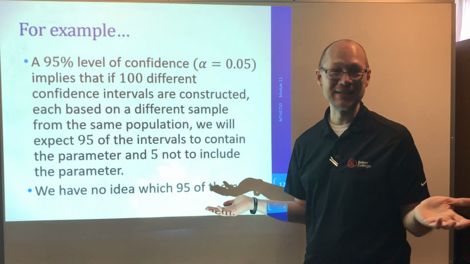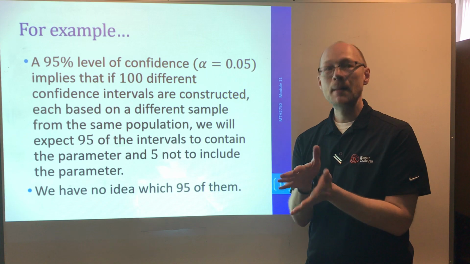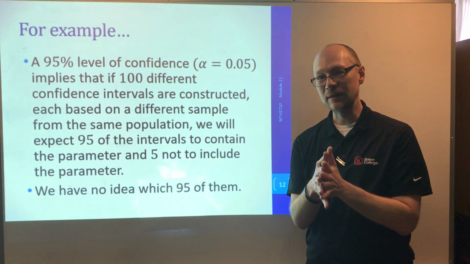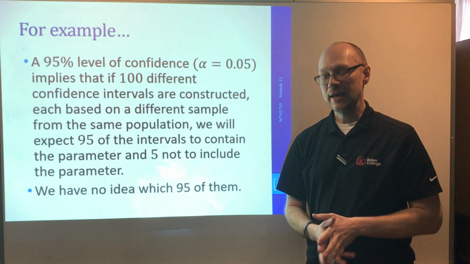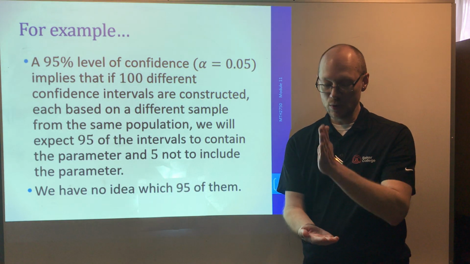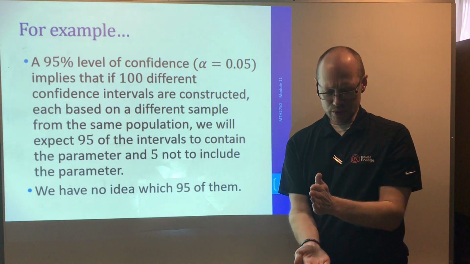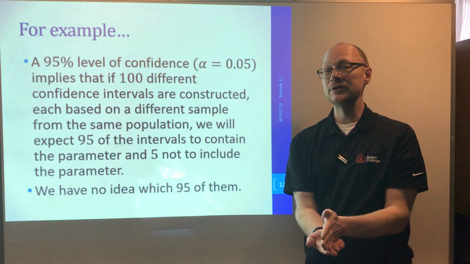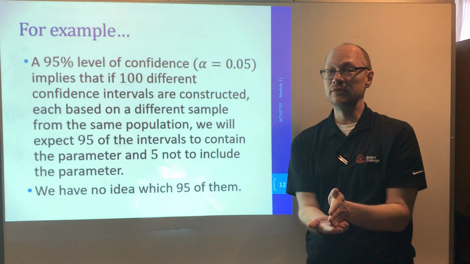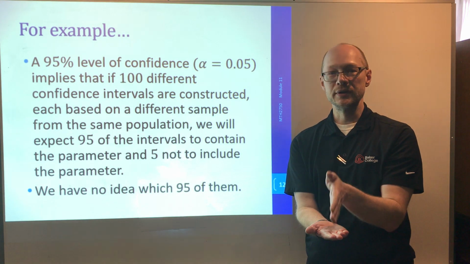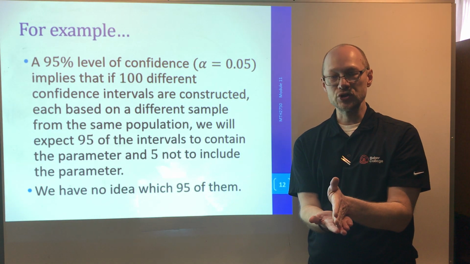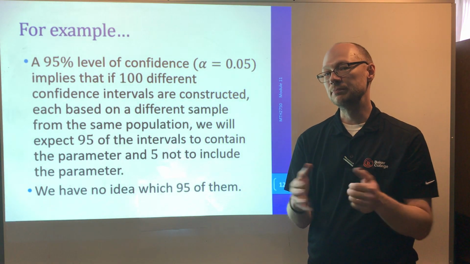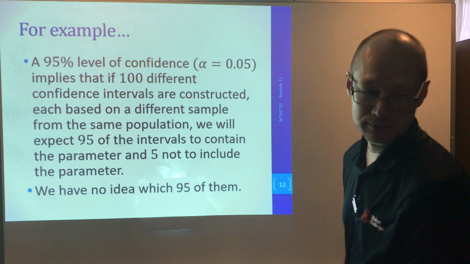We don't know which 95, but we would expect that 95 of them contain the real thing. Now, if we were pinned to the wall and said, you need to give me the population parameter, the best thing you've got is to give the sample proportion. But having that extended out gives you a little bit more confidence.